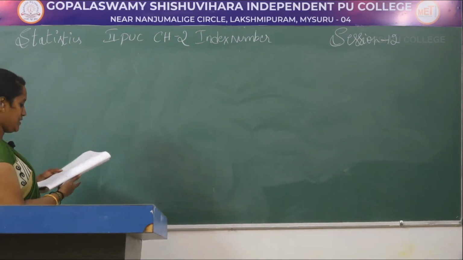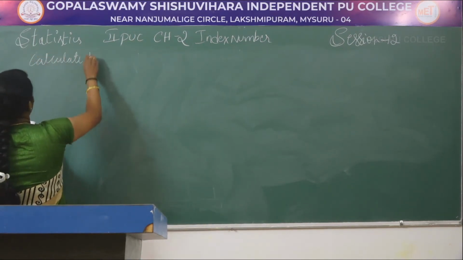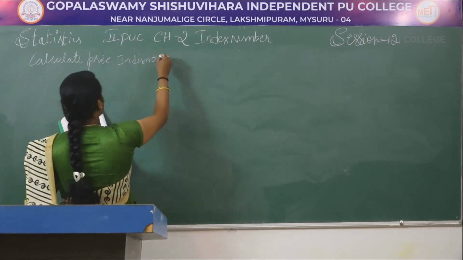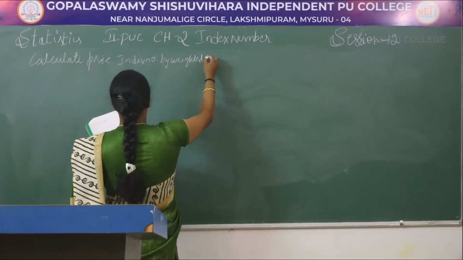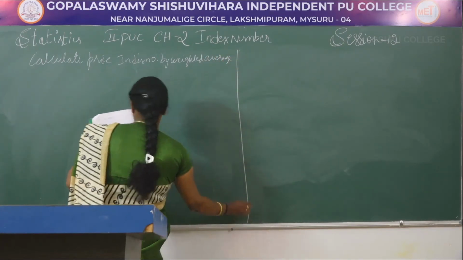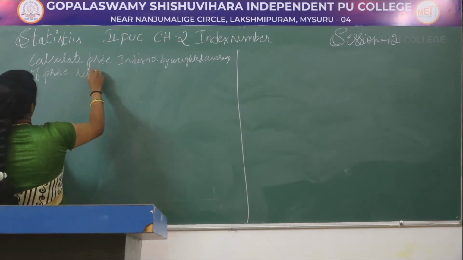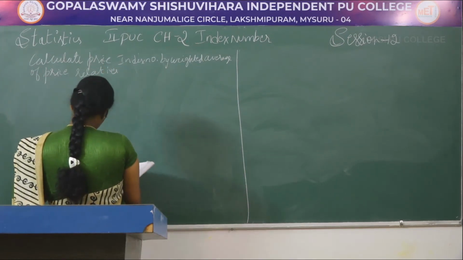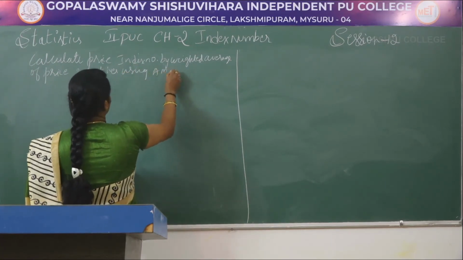Calculate the price index number by weighted averages, weighted average of price relatives using AM and GM.